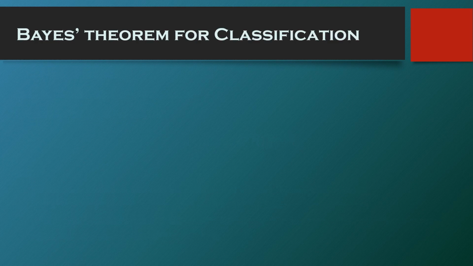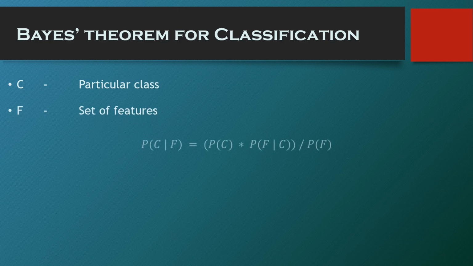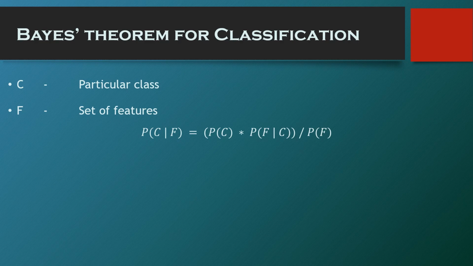In the context of classification, Bayes theorem can be used to calculate the probability of a particular class C given a set of features F. The formula is as follows. The conditional probability of class C given that the set of features F has occurred is the ratio of the product of probability of class C and the probability of feature set F occurring given the class C occurred to the probability of the feature set occurring.